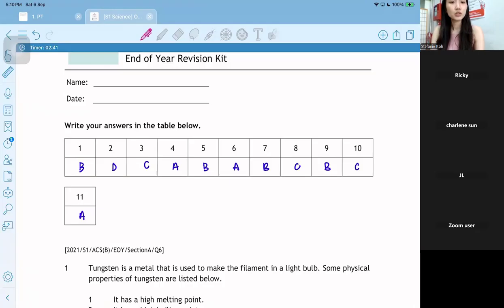Question 1. 7, 8, and 10. Any other question? 8 also, okay. I'm going to start in about 30 seconds. Question 3, okay, question 3.